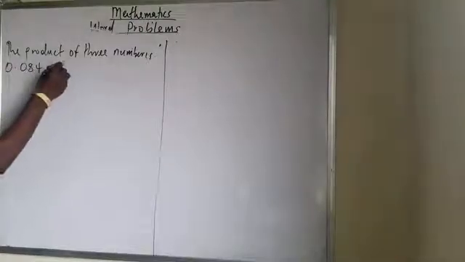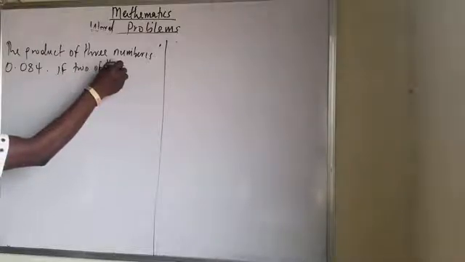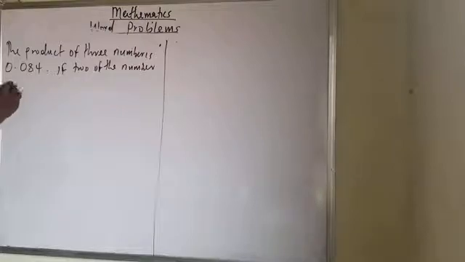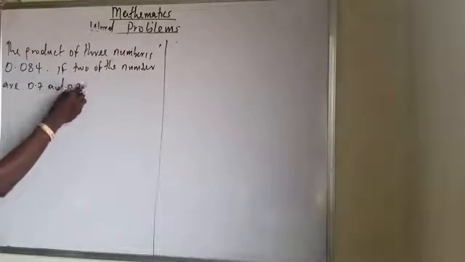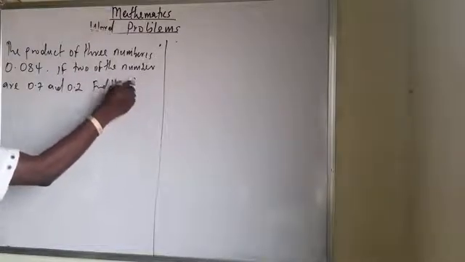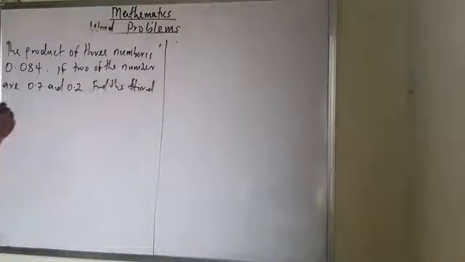If 2 of the numbers are 0.7 and 0.2, find the third number.